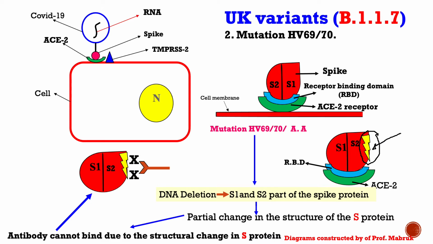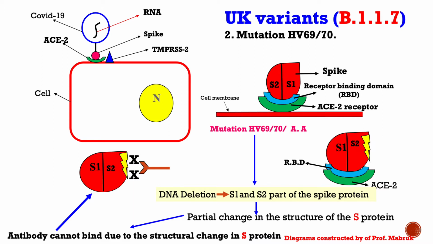So the deletion or mutation, which we call HV69/70, in the nucleic acid or the gene that codes for the spike protein, resulted in amino acid substitution, to be more precise at amino acid number 69 and amino acid number 70, and resulted in structural changes in the S1 and the S2 components of the spike protein of the coronavirus COVID-19.